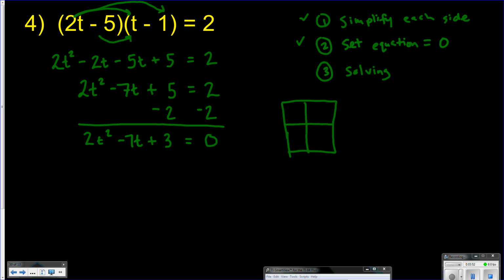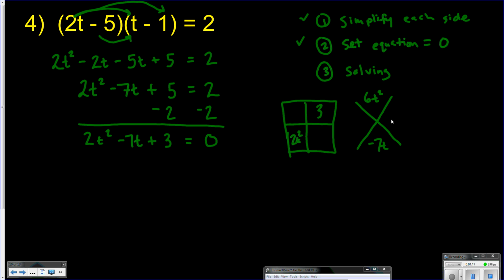I know it's not very pretty, but I'm just trying to get it done. Let's put our bottom term down here. This is 2t squared. Our last term in the top right. Their product will go up here, so it'll be 6t squared. In the bottom here, we're going to have a negative 7t.